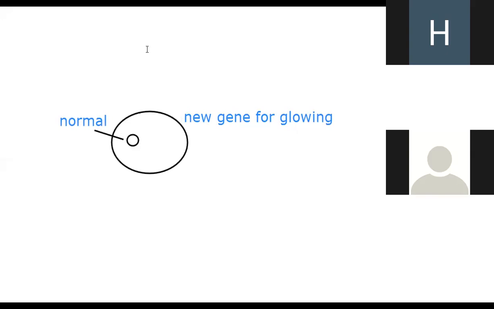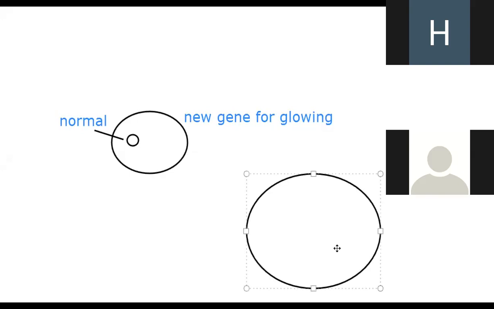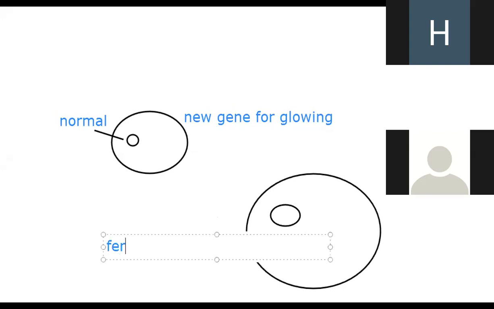So each fertilized egg now has what? Each fertilized egg has what exactly? A normal sperm cell?